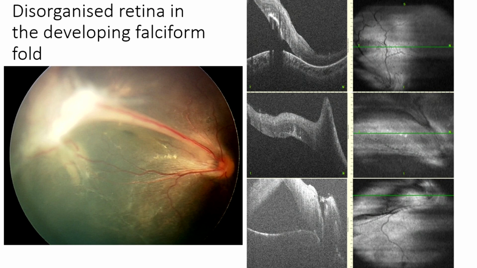This part of the retina is totally disorganized. There is no photoreceptor line at all. It's just a flat tissue there. Above it, again, there is disorganized retina. And this is the tissue exactly at this level. So you can see there's really no tissue there. There are no layers. There's no organization of the retina.